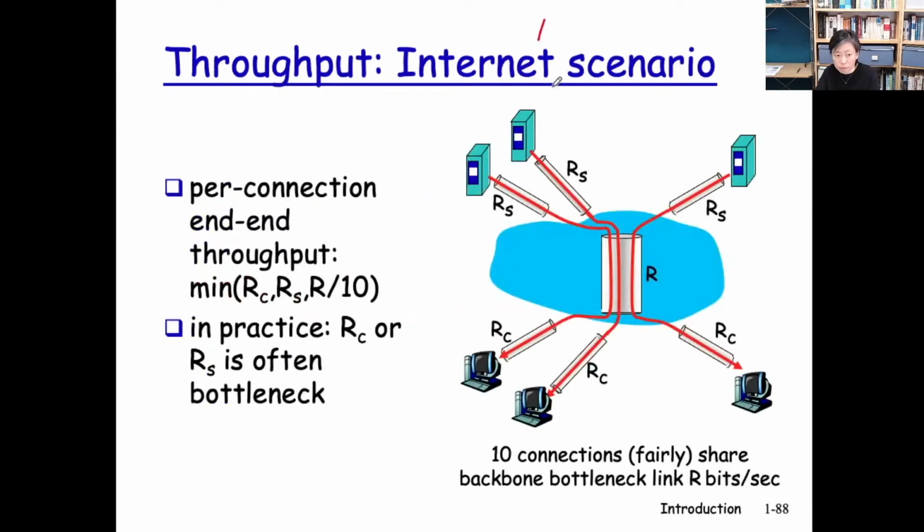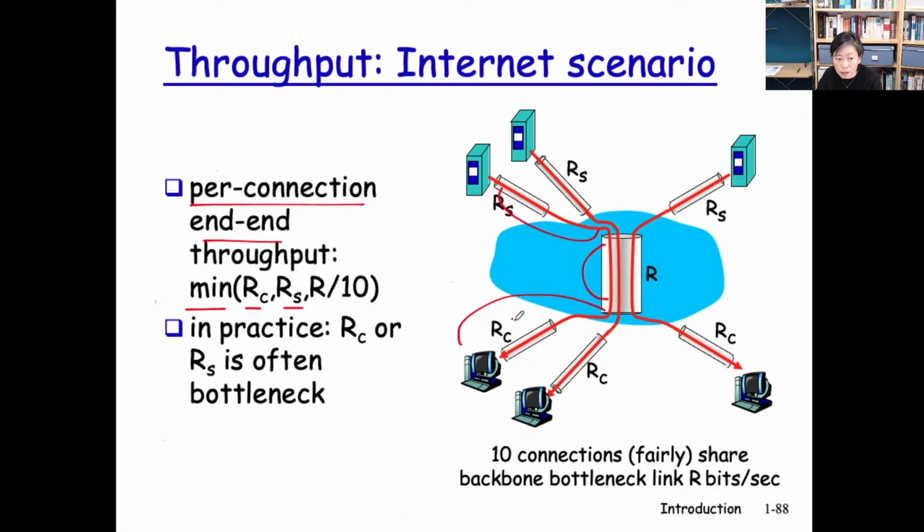So you see here, we have servers and clients. Data will be going from the servers down to the clients through the internet backbone. For each end-to-end connection, we'll be going through how many links? 1, 2, and 3. So we'll be taking the bottleneck link bandwidth as the throughput, the minimum of the 3 segments.